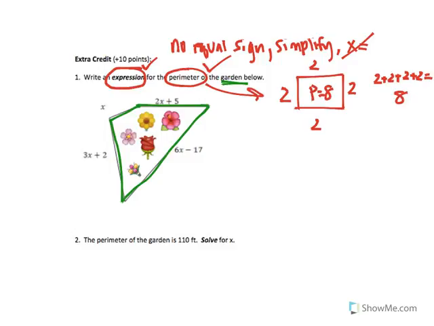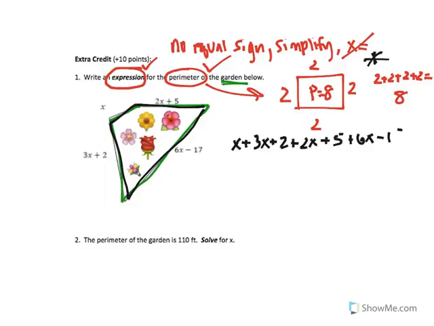So for our expression, we're going to use our knowledge of perimeter here to add all of the sides together. And we will get x plus 3x plus 2 plus 2x plus 5 plus 6x minus 17. So now we want to simplify to get this expression.